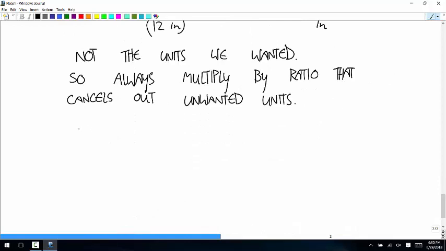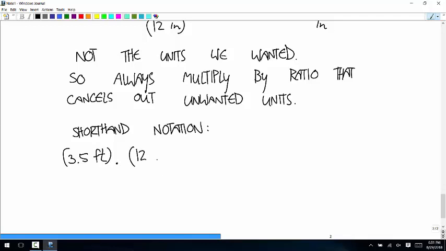And by the way, I'm going to just always use this shorthand notation. So what I did before was 3.5 feet in parentheses times this fraction, 12 inches divided by 1 foot.